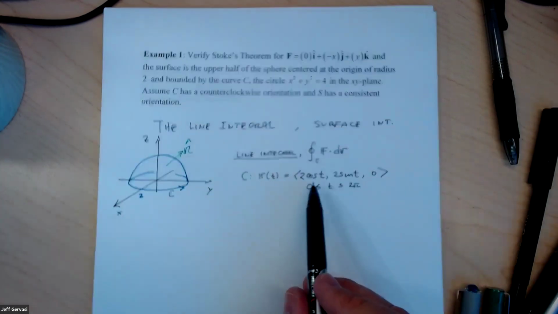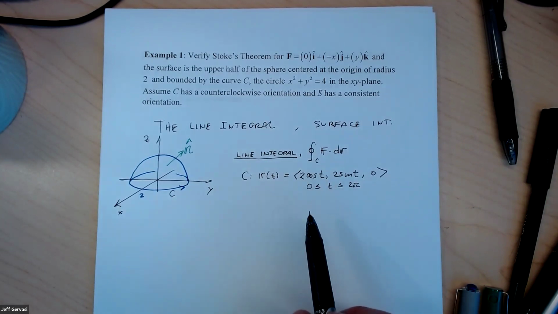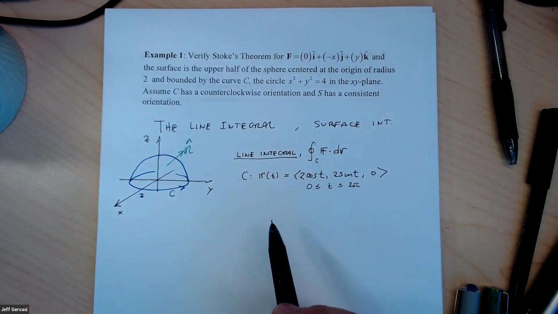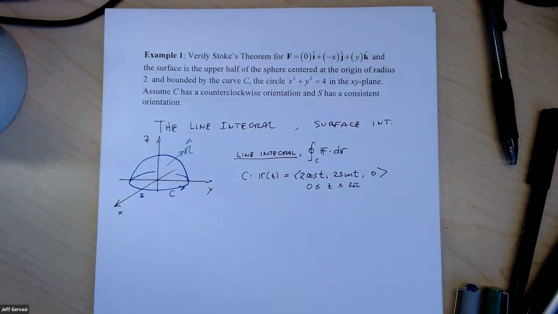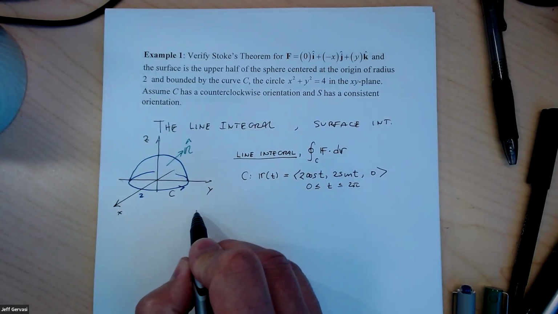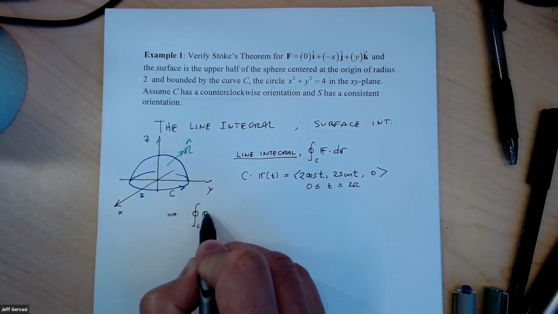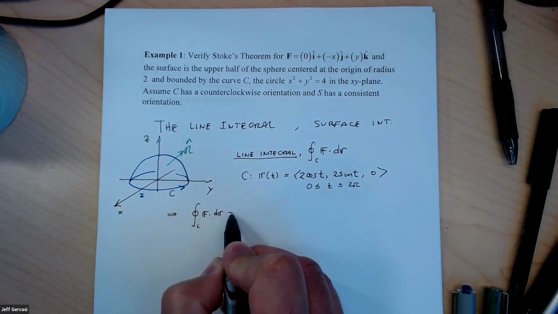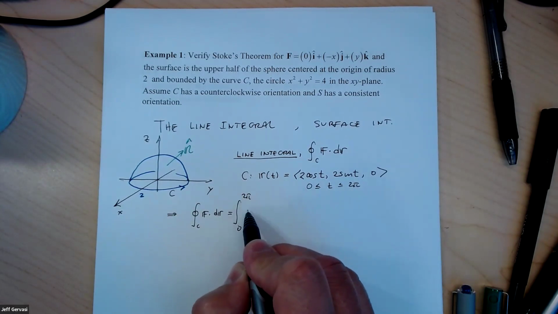Notice with my choice of cosine and sine for x and y respectively, that's going to give me a counterclockwise rotation of the curve C, which will be compatible with the unit normal vector n. So our integral will be replaced with this one.